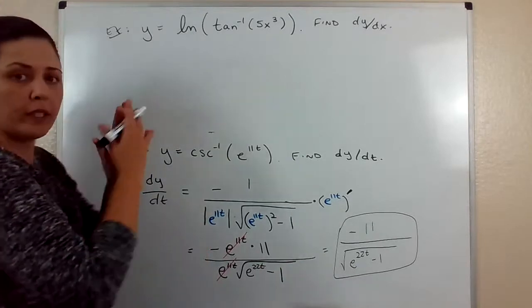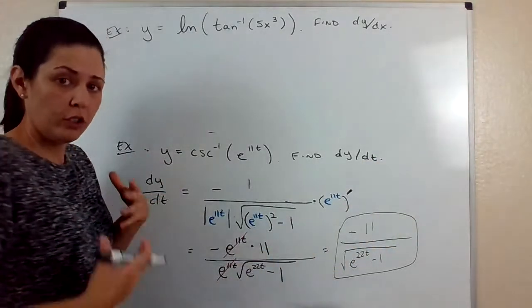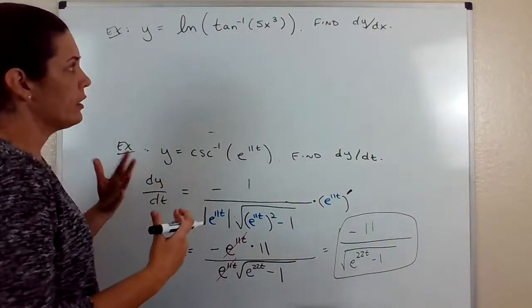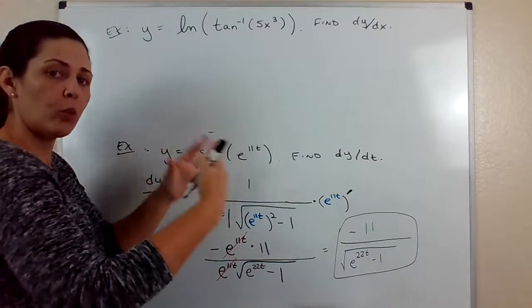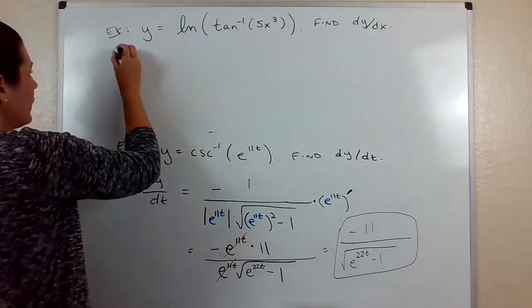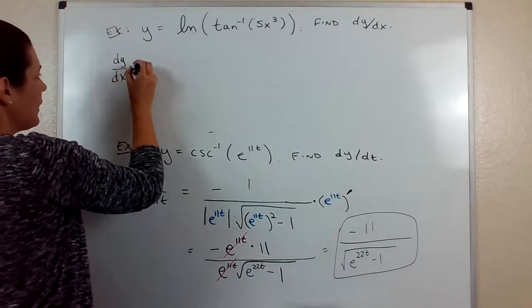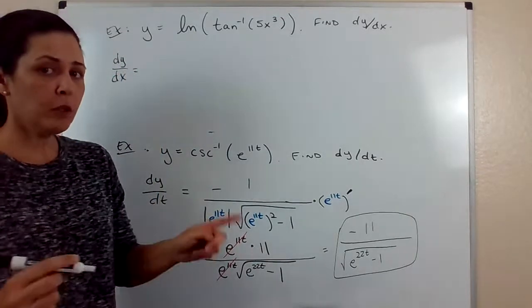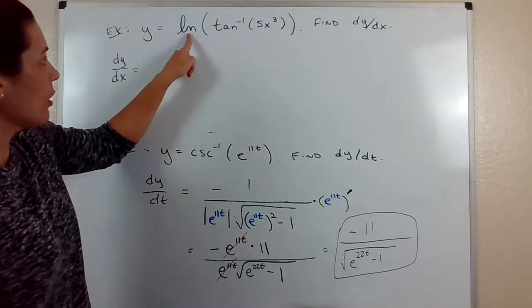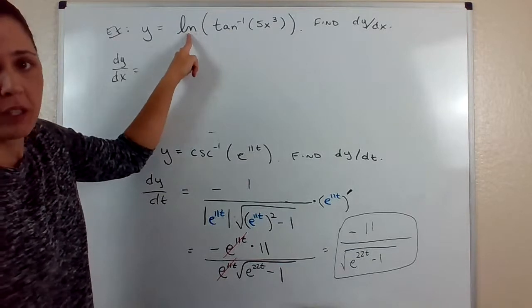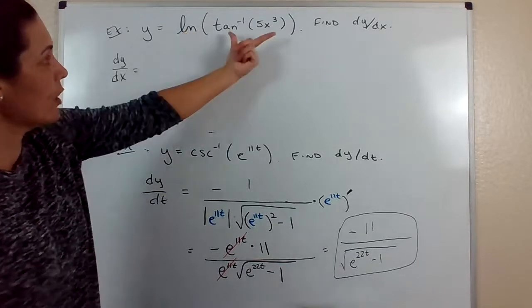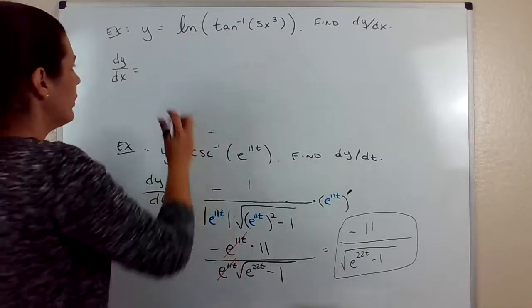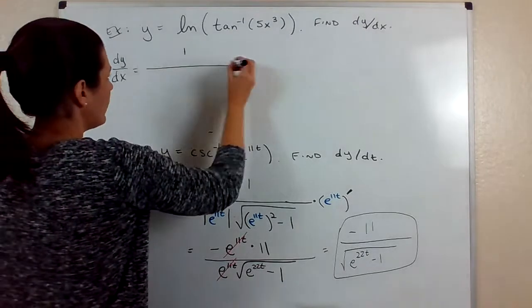You have to start with the outermost function according to the chain rule, find that derivative and work your way in. So my derivative with respect to x, I'm starting with the outermost part, which is natural log. The derivative of natural log is 1 over its argument.